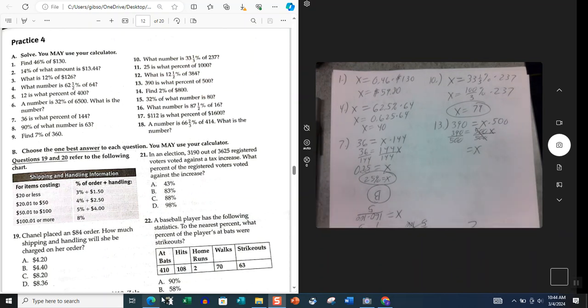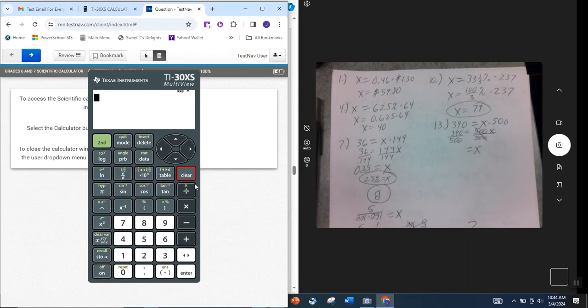Now, I want to show you how in your calculator as well you can get the percent. You could take 390. Oh, wait a minute, let me clear that out. Press the fraction key. It'll be 390, down arrow, over 500. Press the right arrow key.